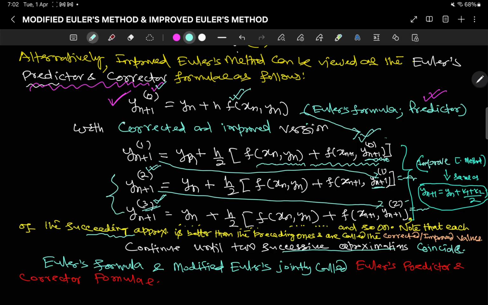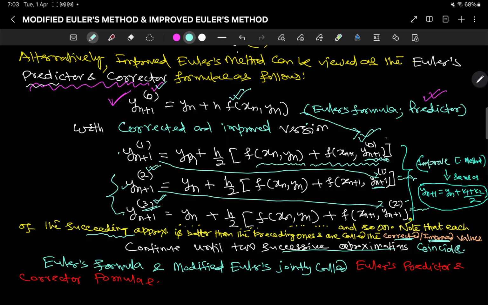If I continue in this way, I can find again the fourth yn plus 1. So you see that each succeeding approximation is better than the preceding ones, and these are called the corrected or improved values.